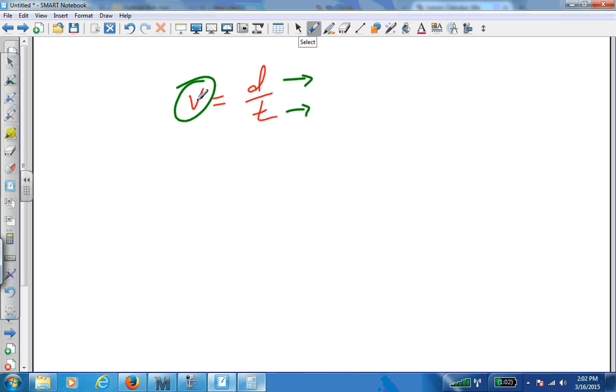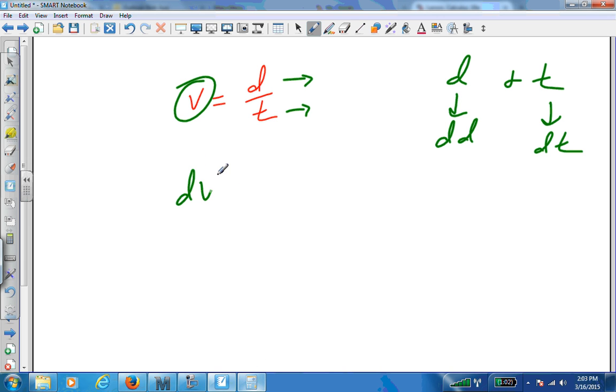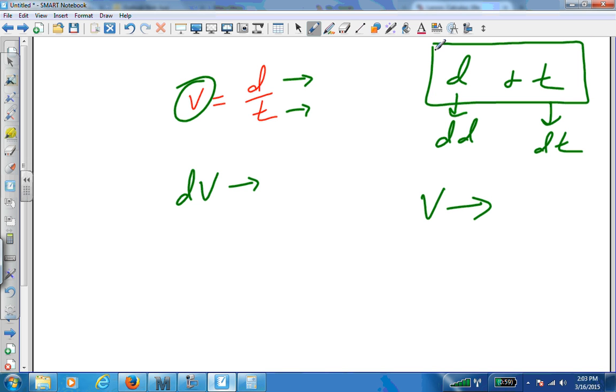So if I calculate such and such for the distance and such for the time, but I know my distance can have a certain error in it and my time can have a certain error in it, how does that translate to an error in velocity? If I calculate my actual velocity to be a certain number, but I know these could have a little bit of error in them, how far off does that make my velocity calculation?